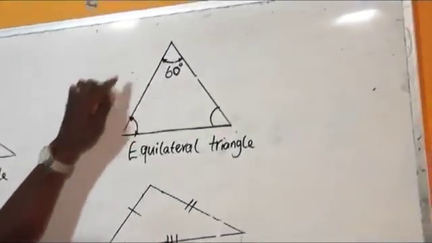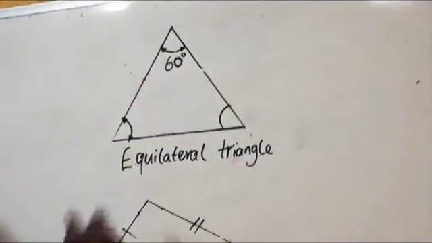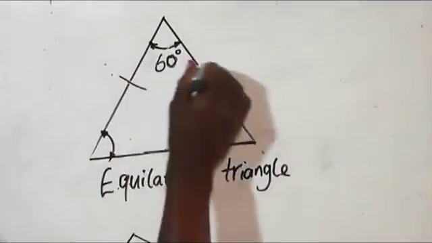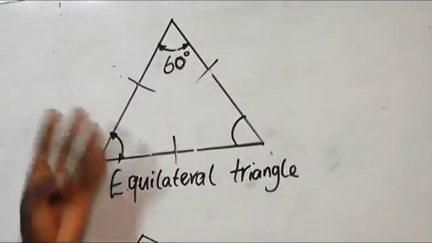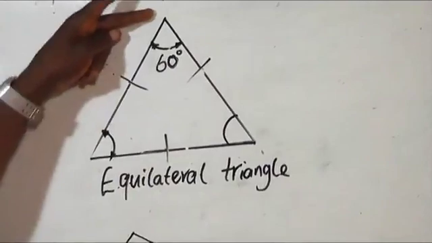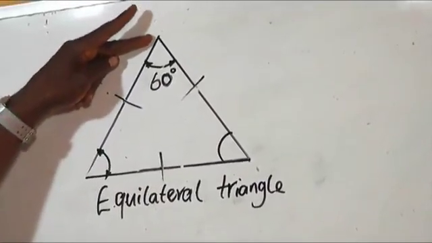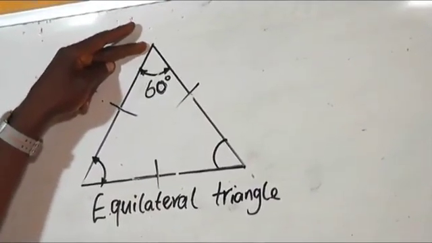Now let's take a look at the equilateral triangle here. You see that in the equilateral triangle, all the angles are equal. This symbol here tells you that all the angles are equal, and also all the sides are equal too.